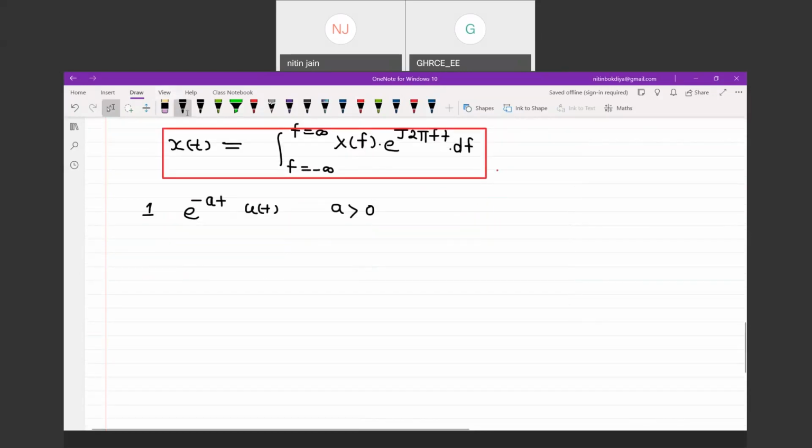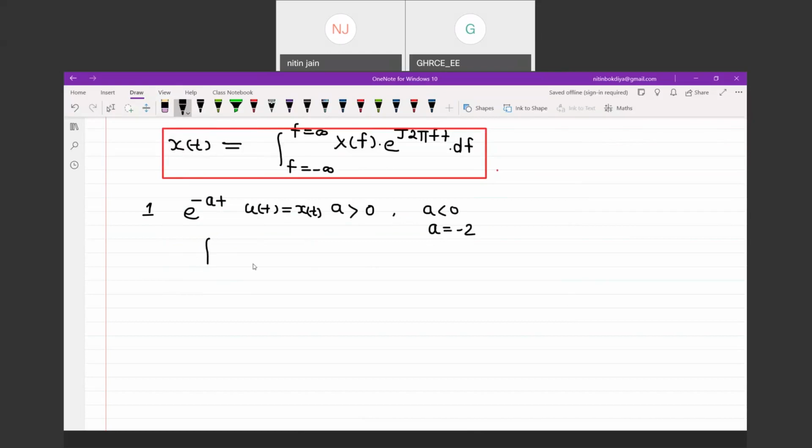Because if I draw this function in the time domain, let's say this is my x of t. The first requirement to calculate the Fourier transform is that the area should be finite from minus infinity to infinity. Let's say I select a less than 0, any number, let's say a equal to minus 2.